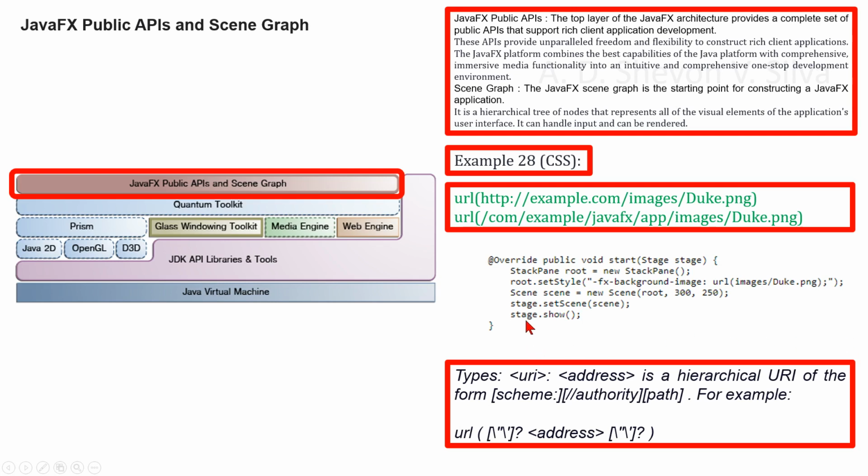As an example, the code snippet below creates a scene filled with a fictional duke.png image located in an image directory. The same style would work equally well from a style sheet.